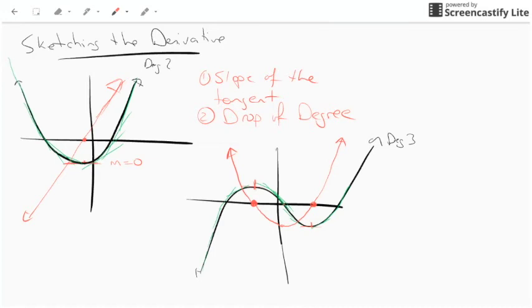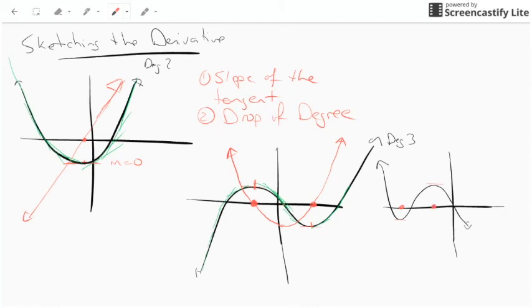Now, just to illustrate really quickly how this would work if the cubic looked the other way. Let's say that my cubic did something like this instead. Now my derivative, because the slope is 0 here and the slope is 0 here, is going to go through the x-axis here and here.